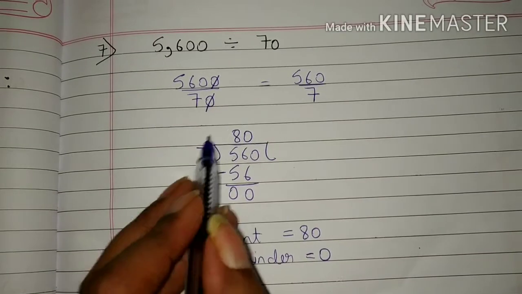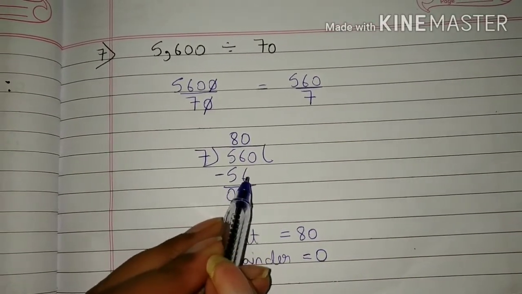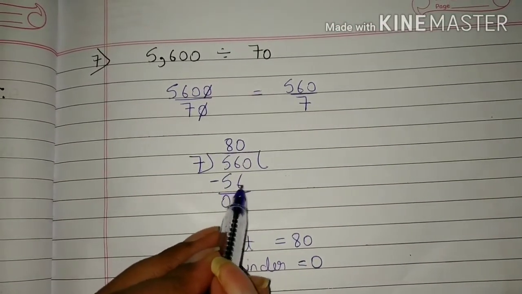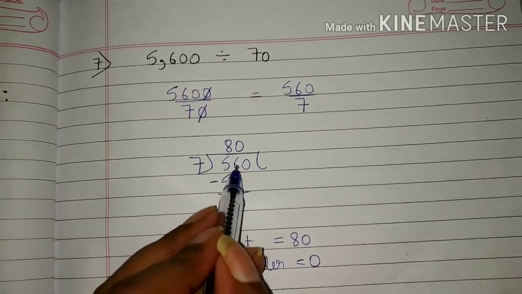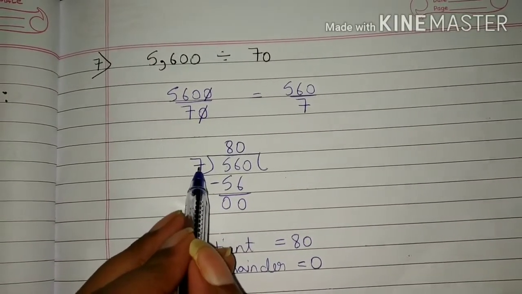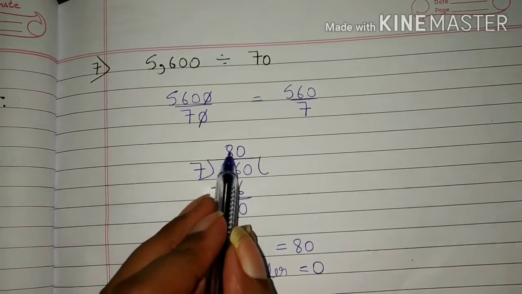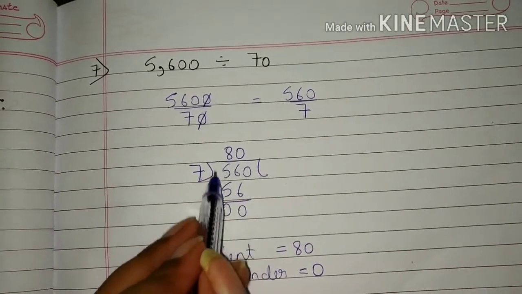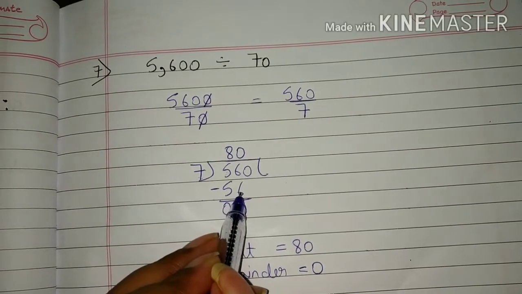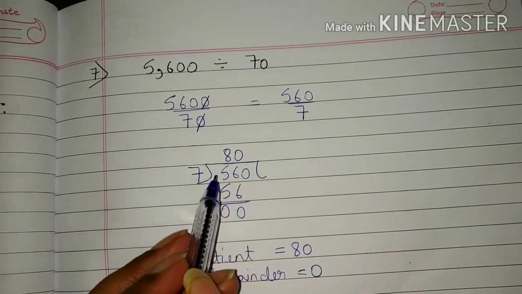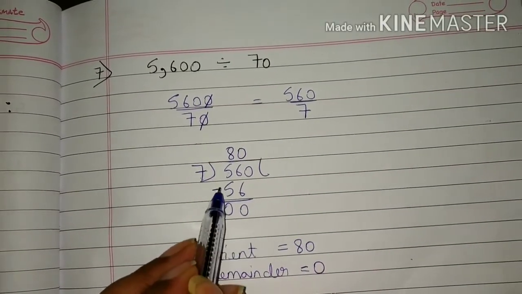Students, 7 8 ja 56. 56 is equal to this 56. So we will consider 7 8 ja 56. Students, we will write 8 here and 56 here. Now we will subtract the numbers.